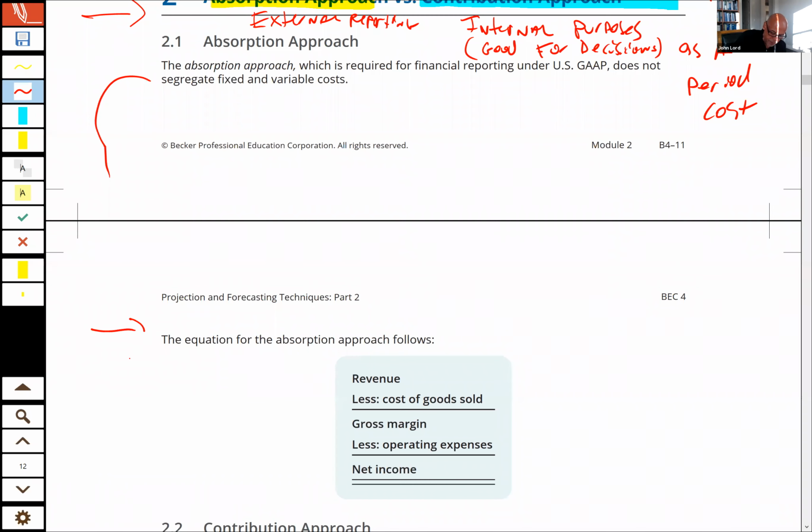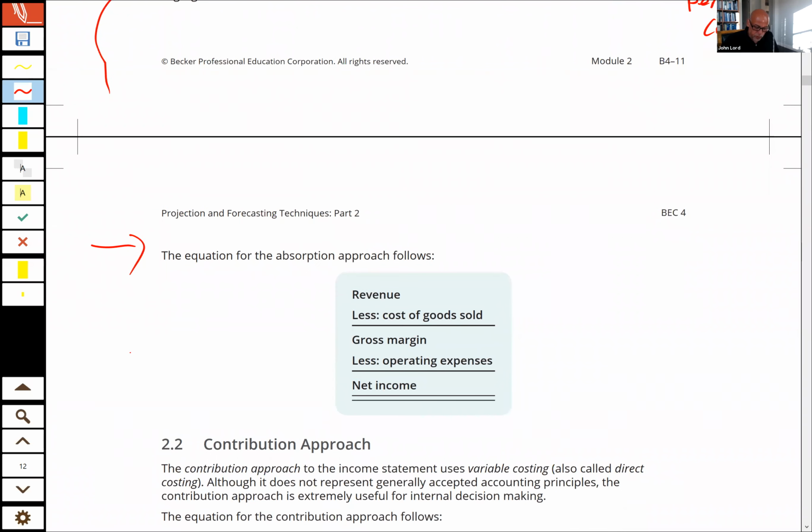we've said is GAAP. Okay. And notice that for the absorption approach, we have revenue less our cost of goods sold. Are there variable costs in our cost of goods sold? Yes. Okay, so there's variable costs.